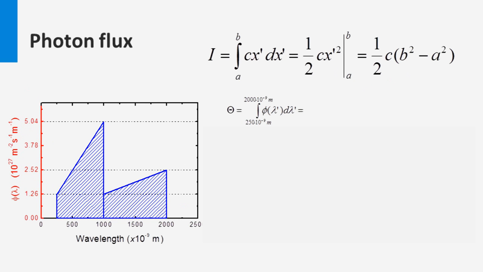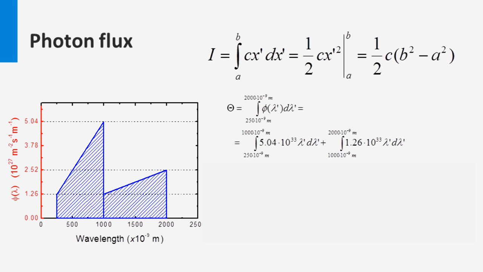The spectral photon flux can be described by two linear functions going through the origin. First, the photon flux is the integral over the spectral photon flux between the boundaries 250 nanometers and 2000 nanometers. We can split this function again in two different regions or two different integrals: one between 250 nanometers and 1000 nanometers, and one between 1000 nanometers and 2000 nanometers.